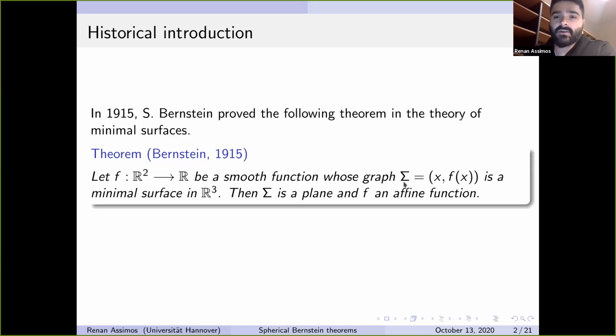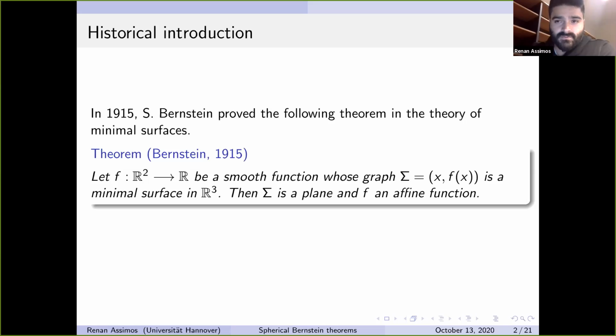Then he looks at the graph of such a function, and he supposes that this graph sigma is a minimal surface in R3. Then the conclusion is that sigma must be a plane. So there is no minimal surface given by the graph of a function except the trivial one, which is the plane, a totally geodesic thing.